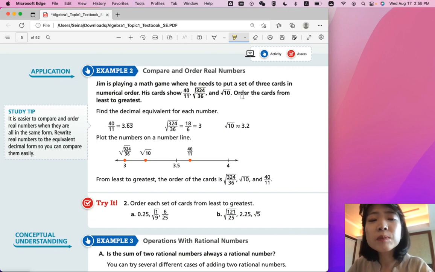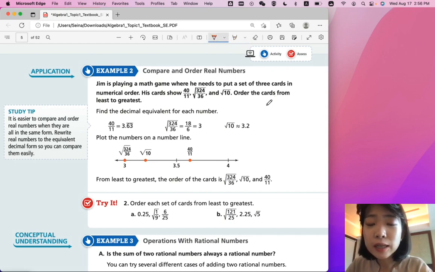So this should be what you already learned in previous years. You should know how to change fractions into decimals, irrational numbers into decimals, or simplify square roots as well. What is a square root?